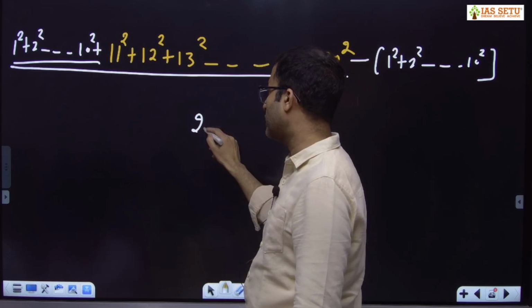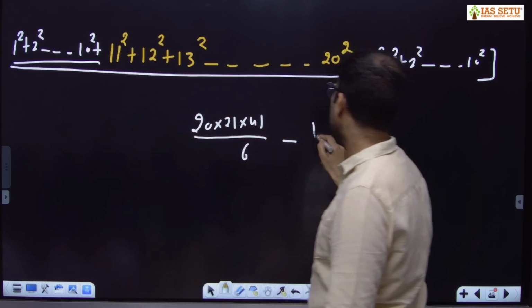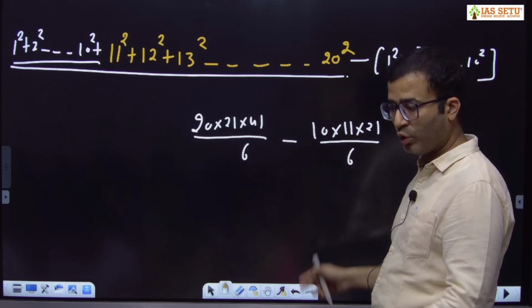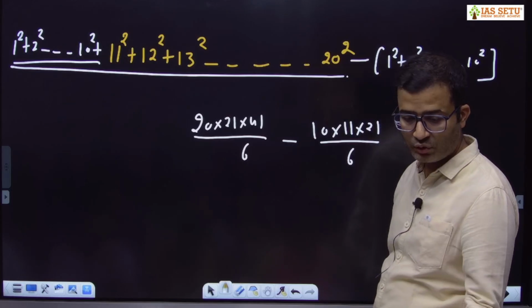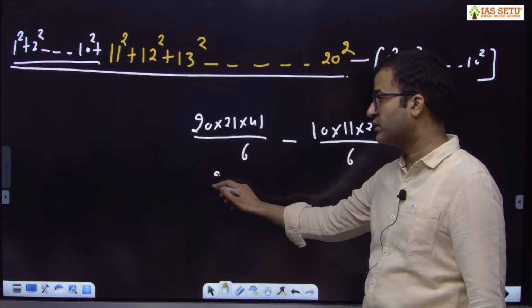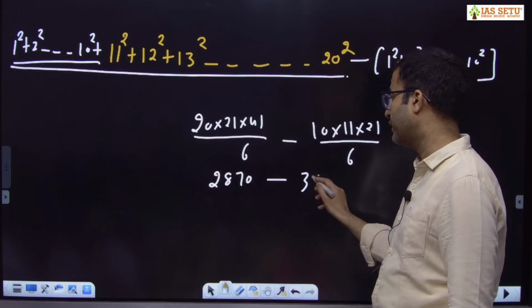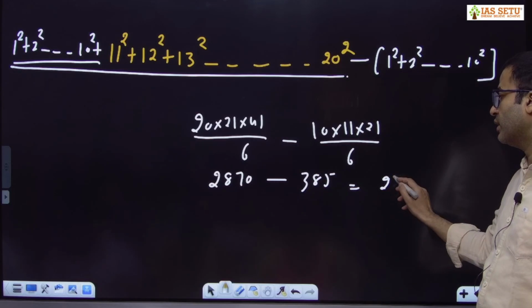So this is 20 into 21 into 41 divided by 6 minus 10 into 11 into 21 divided by 6. Both calculations we already did, you can use it. ठीक है, previous questions. ये क्या आया था, 2870, ये क्या आया था, 385. What is your final answer? 2485.